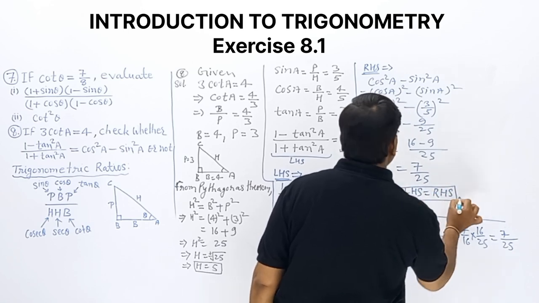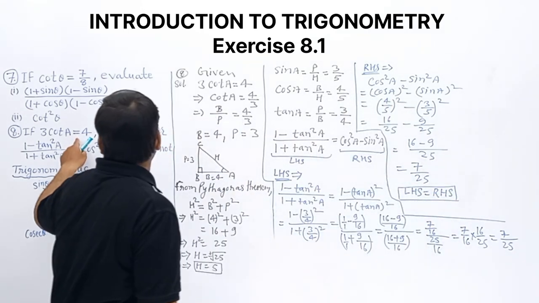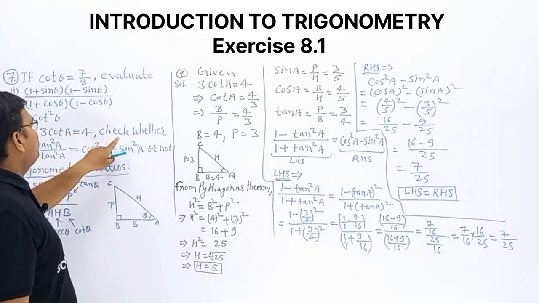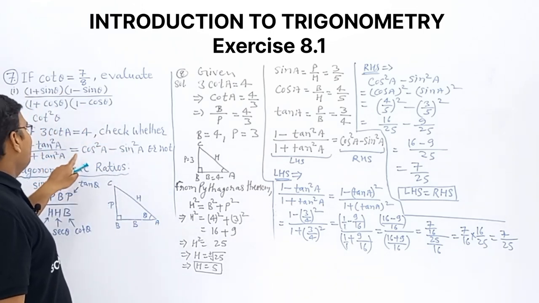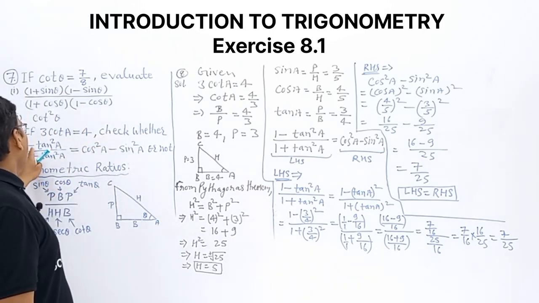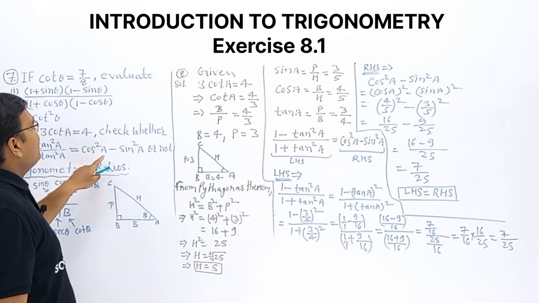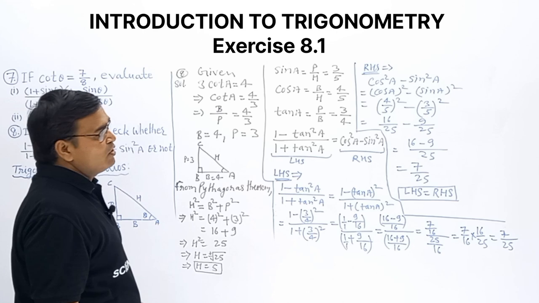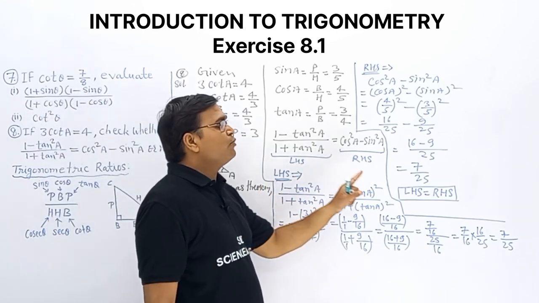So what we wanted was, if tangent A is 3 upon 4, to check whether 1 minus tangent square A upon 1 plus tangent square A is equal to cos square A minus sin square A or not. So left hand side is equal to right hand side.